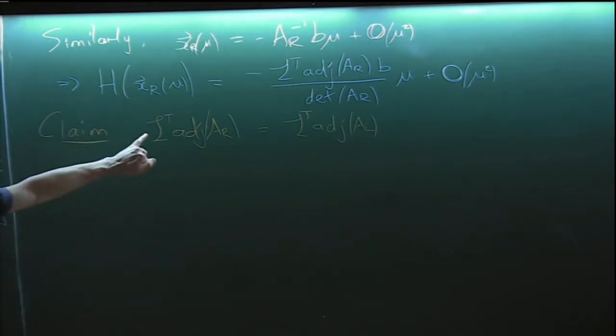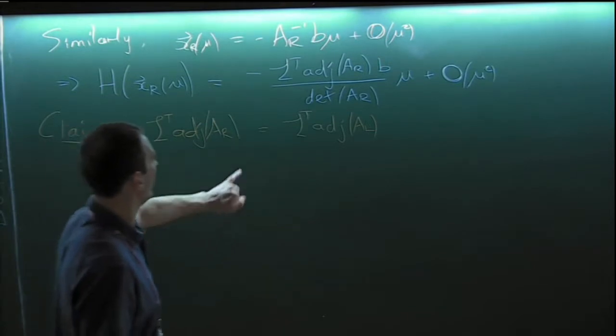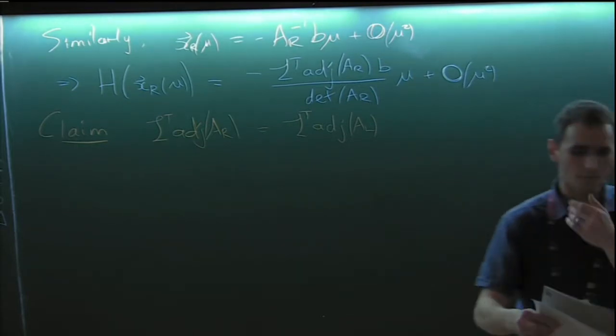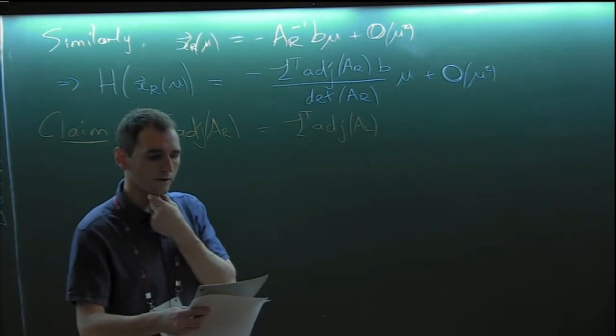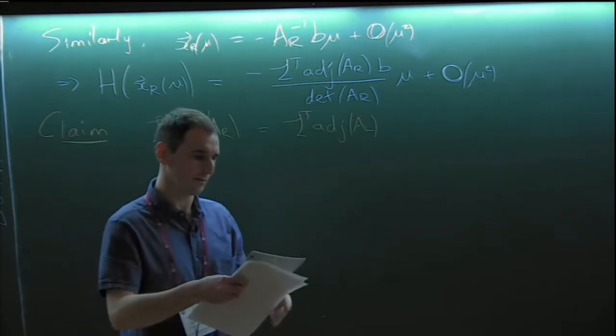So what I'm going to show you is that these two row vectors are actually the same. And as we'll see, the reason that they're the same is because the matrices AR and AL are related by this equation. And I'm going to go through the proof because it uses two mathematical tools that reoccur elsewhere. I think it's helpful for you to see them.